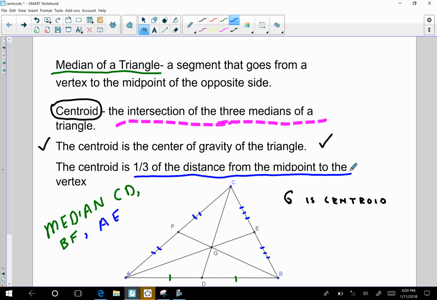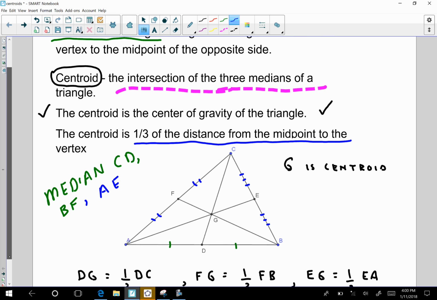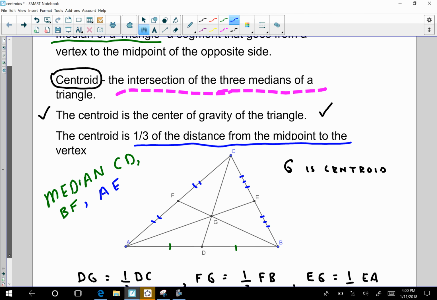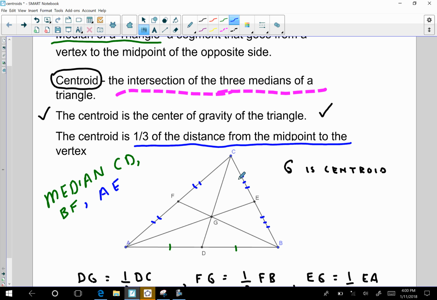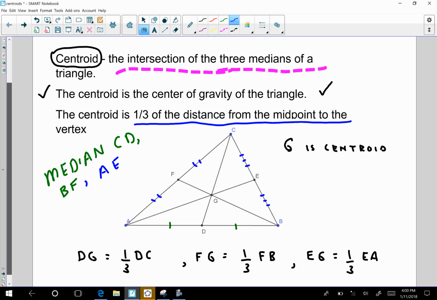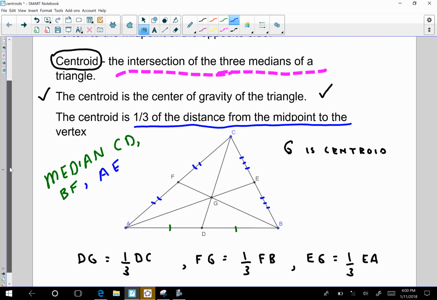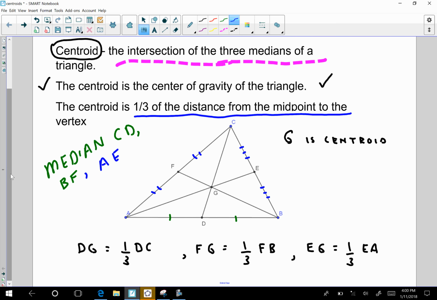If I consider this midpoint D and this median DC here, what that is saying is that DG is 1/3 the distance of DC. So the centroid is 1/3 the distance from the midpoint to the vertex.